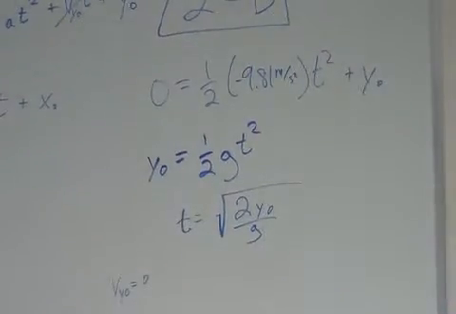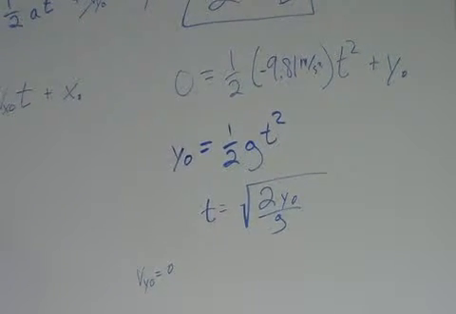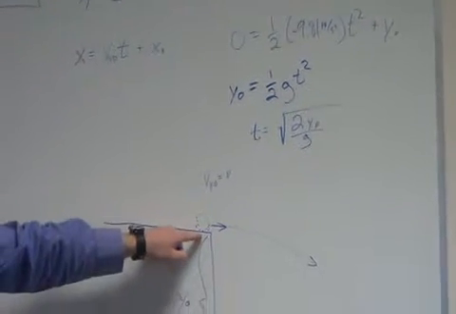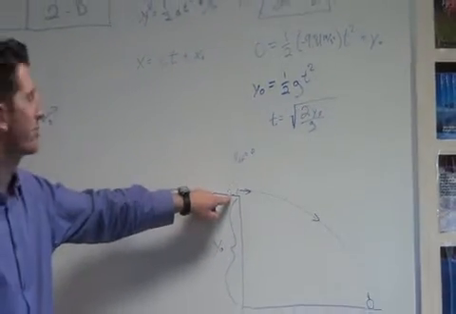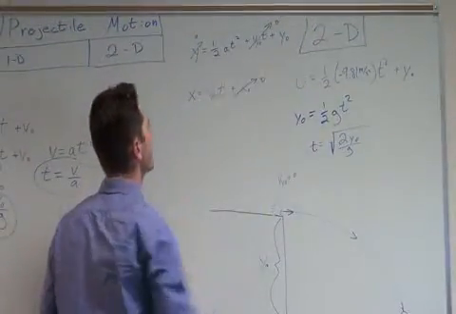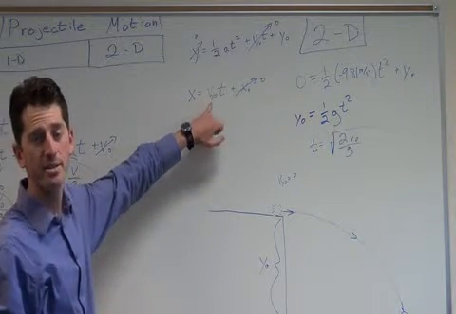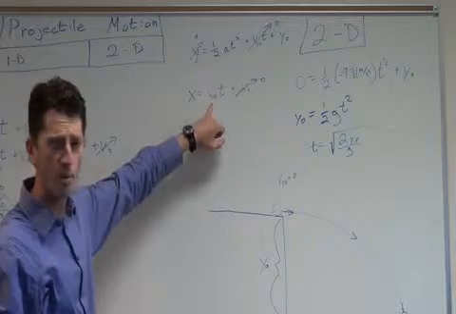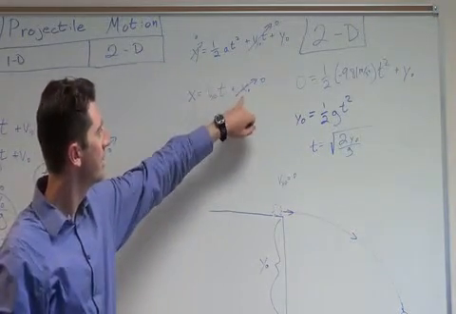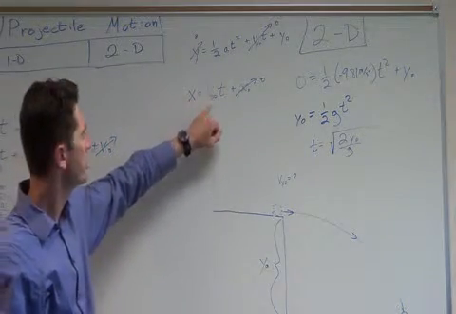And the second step is really easy. We just have an x equation to deal with to find out how far it's gone. If we set this point here to be 0 in the x direction, we can say that x naught equals 0. Okay? And we're assuming that they give us an initial velocity. Most of these do, but some of them might be in reverse. We might be given a distance traveled over here, and then solve for an initial velocity, but it's all the same.